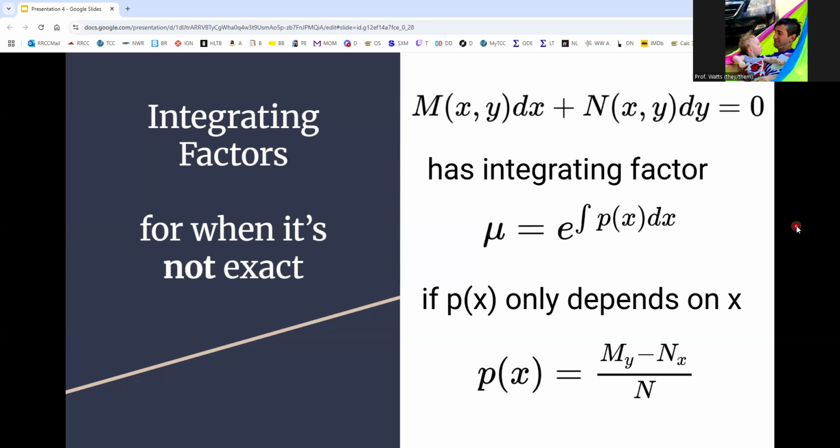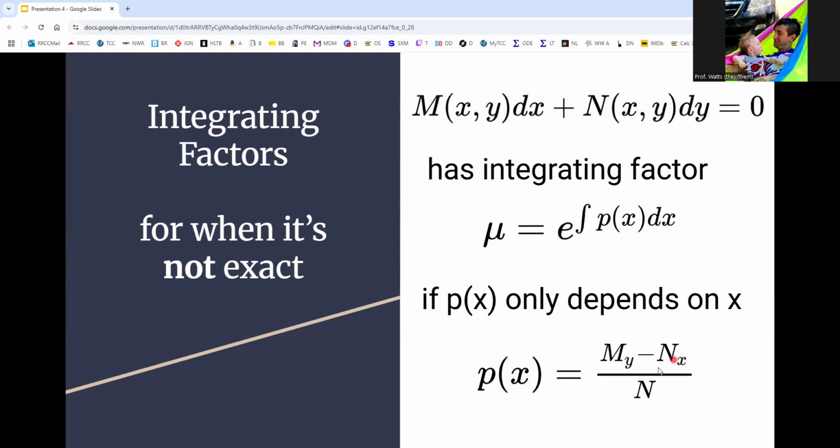So we test if it's exact first, and we already have these partial derivatives. If it is exact, then that difference is 0, and then p of x is 0, the integral is 0, and e to the 0 is 1, and so mu is 1.